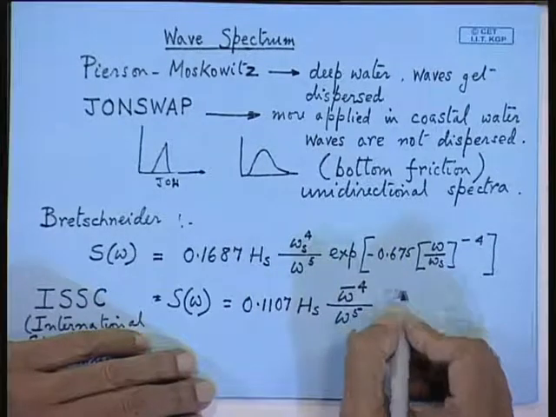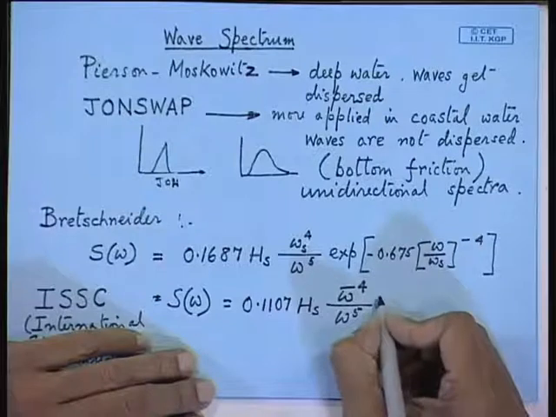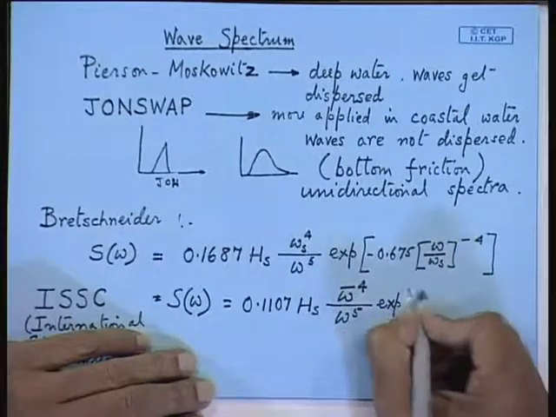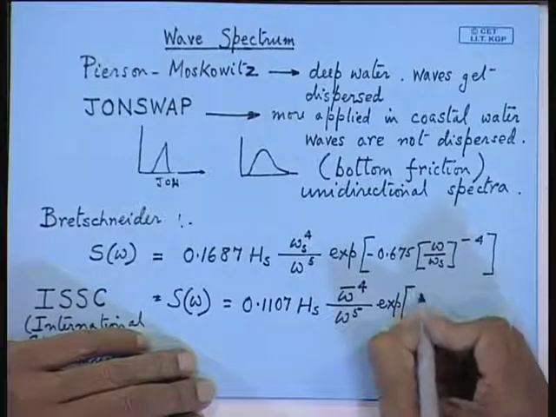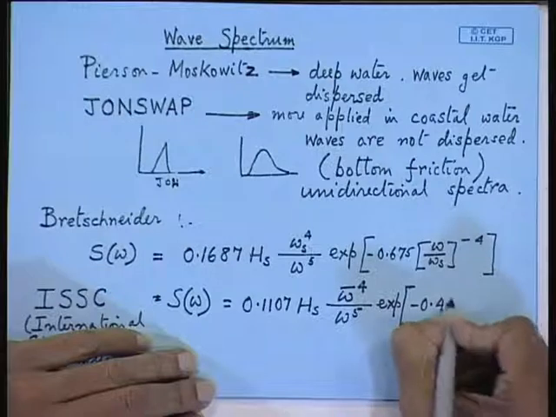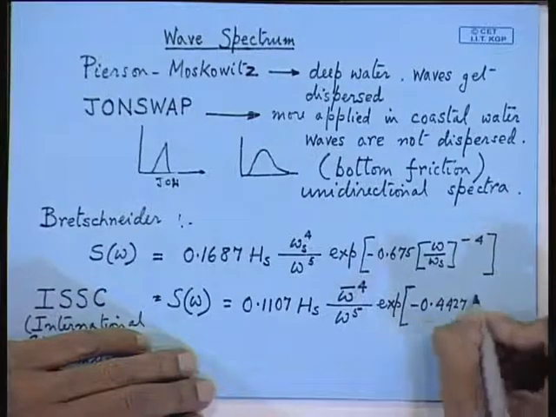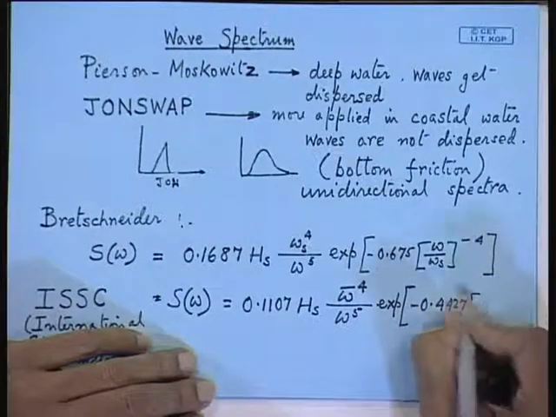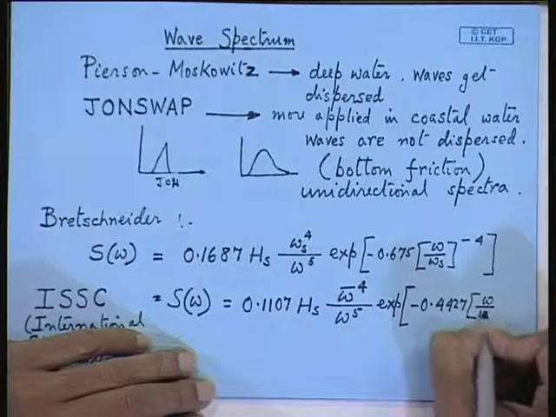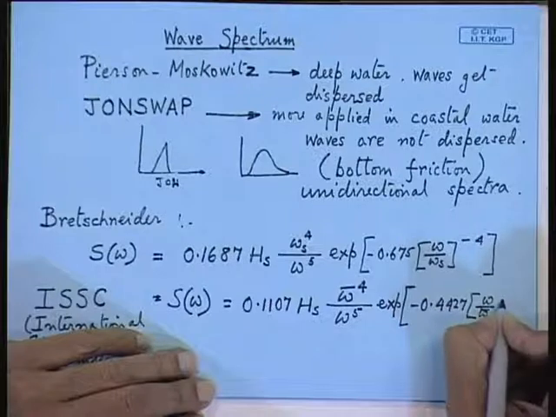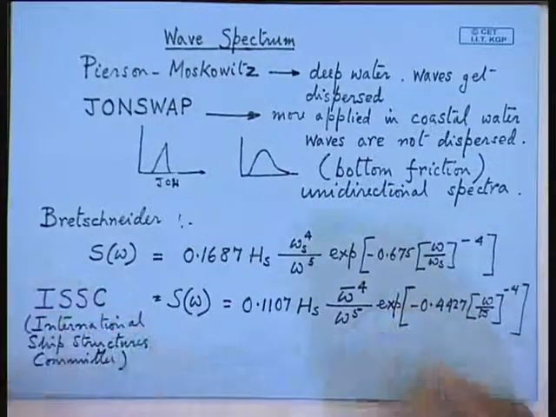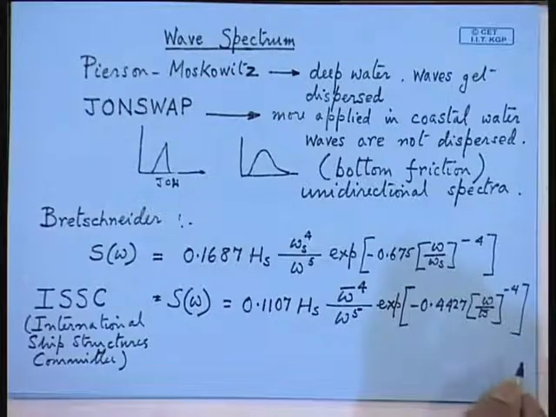Here the mean value is taken, and the exponential term, that is e raised to the power, you just change the factor, this is 0.4427, and this is again omega by omega bar to the power minus 4. Same expression, only a bit modified.